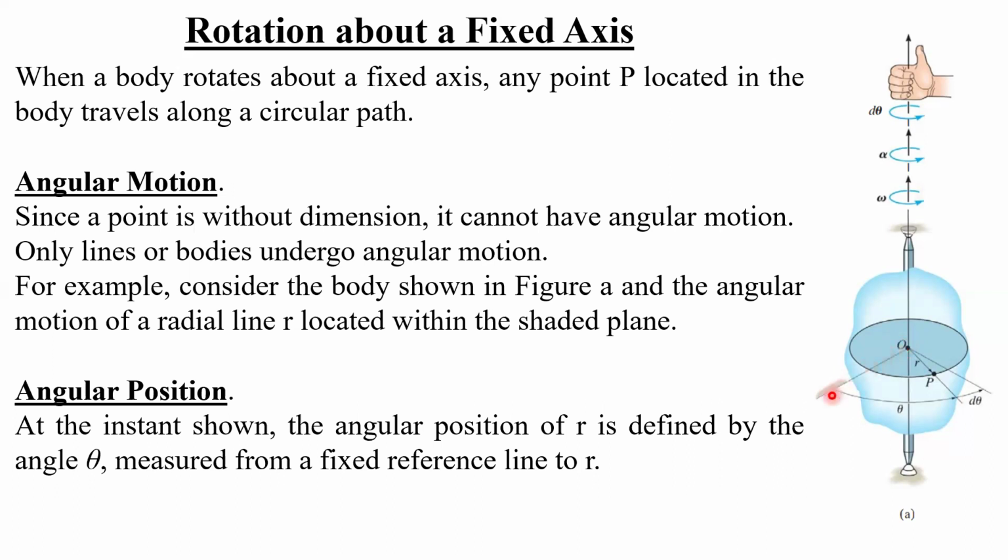So the reference line is here. r now has a position theta radians away from the reference line. So at the instant shown, the angular position of r is defined by the angle theta measured from a fixed reference line to r.